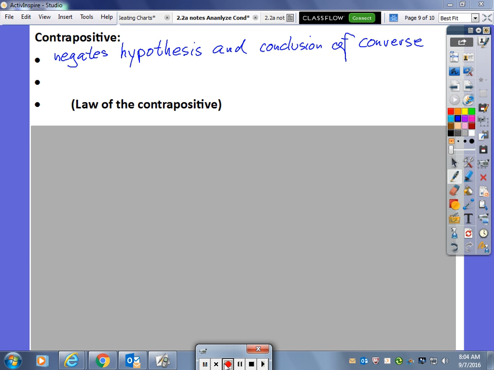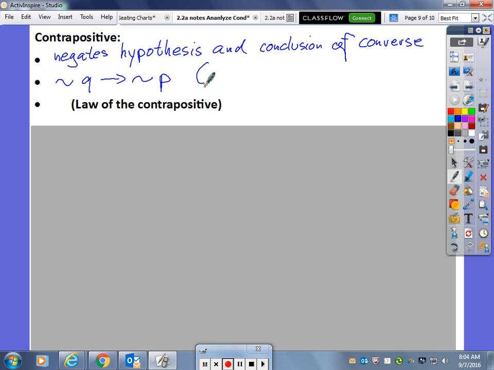Essentially, what we're talking about here is, in symbolic notation, we would write not Q arrow, not P. In other words, if you think back to our original conditional statement, P arrow Q, we are doing two things.